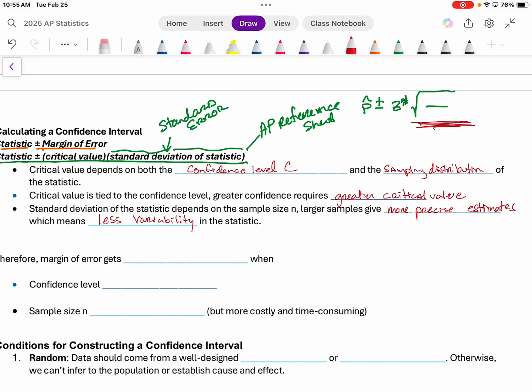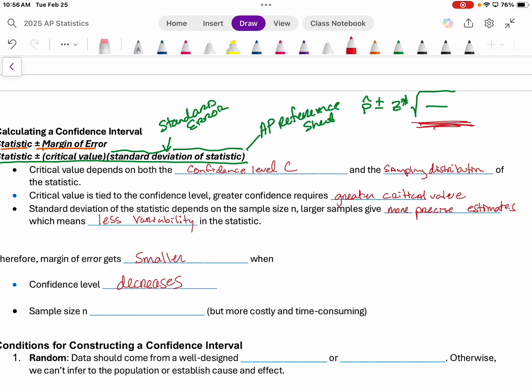Therefore, margin of error gets smaller. Margin of error gets smaller when confidence level decreases. So when I go from a 98% confidence interval to a 95, my margin of error gets smaller. When I go to a 90, it gets even smaller.